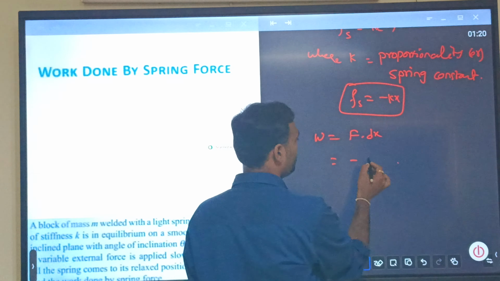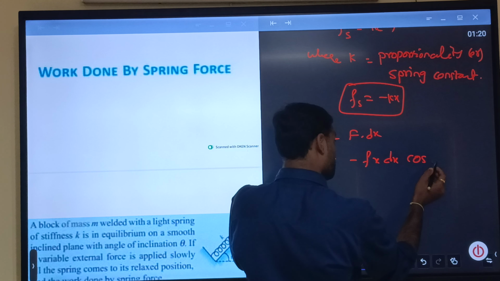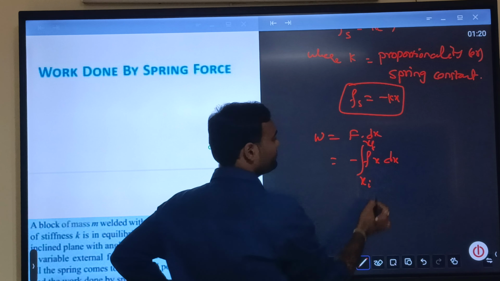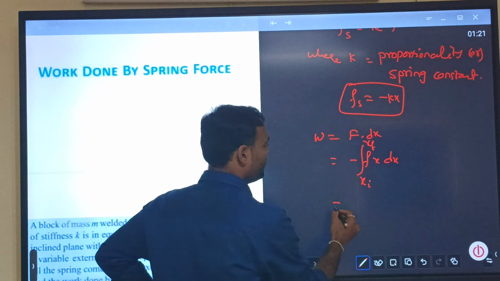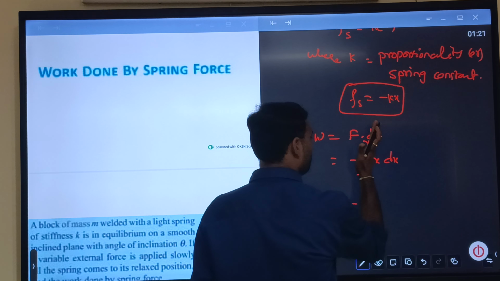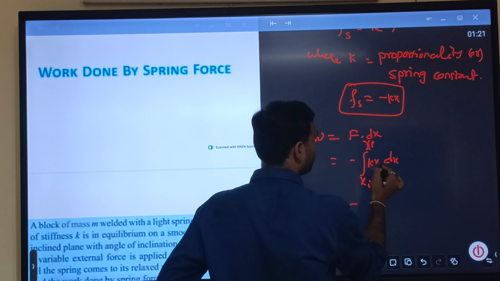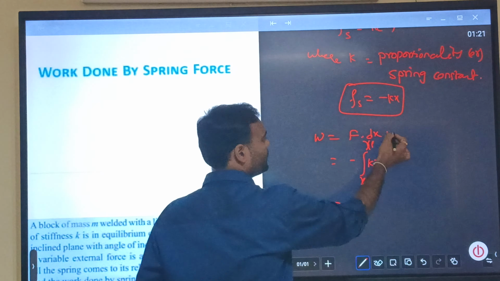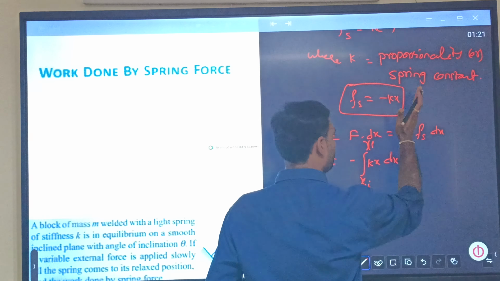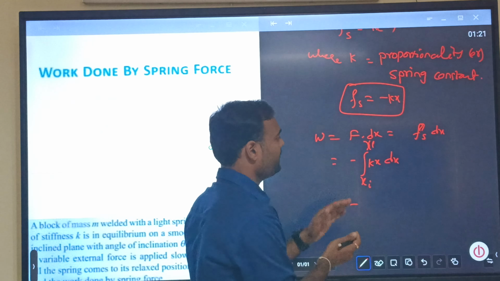Here the spring force is minus Fx dx cos, so minus the integral of Fx dx from xi to xf. The spring force value is kx, so the work done is minus the integral of Fs dx, where Fs is minus kx.